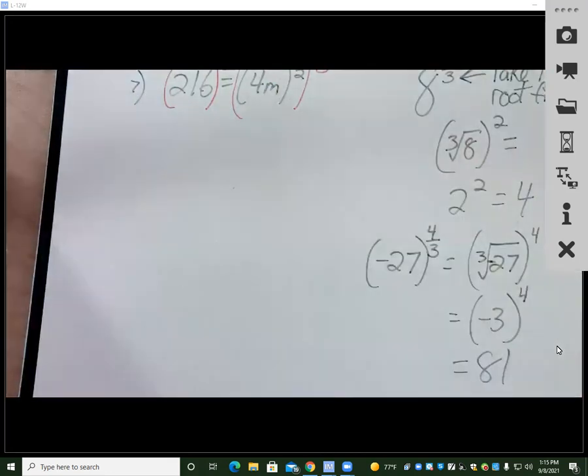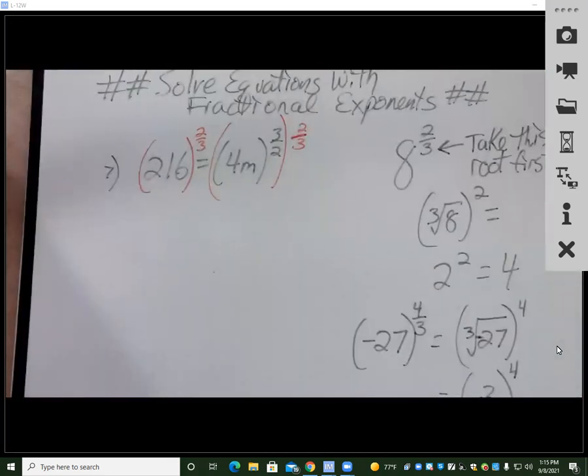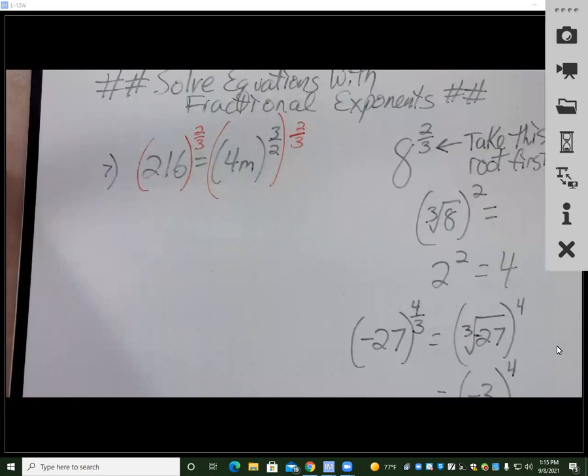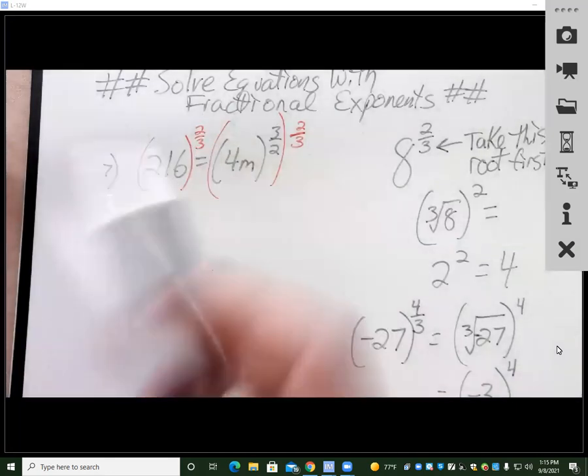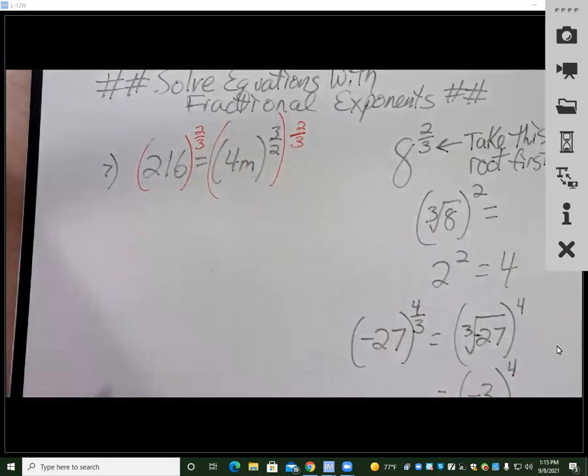Now let's talk about what's going on on the left-hand side. The left-hand side is now just 216 to the 2/3. We just talked about how to evaluate that. I need the cube root of 216, and then I want to square that answer.